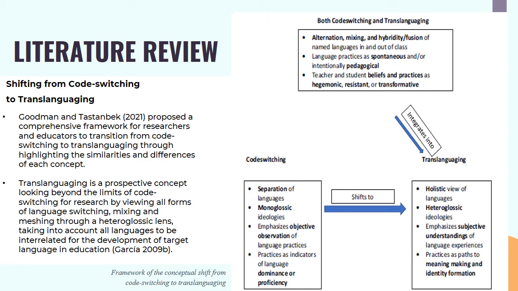Hence, translanguaging is a prospective concept looking beyond the limits of code switching for research, by mixing all forms of language switching, mixing and meshing through a heteroglossic lens, taking into account all languages to be interrelated for the development of target language in education.